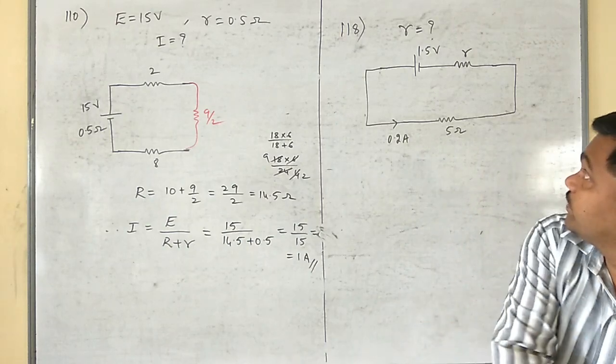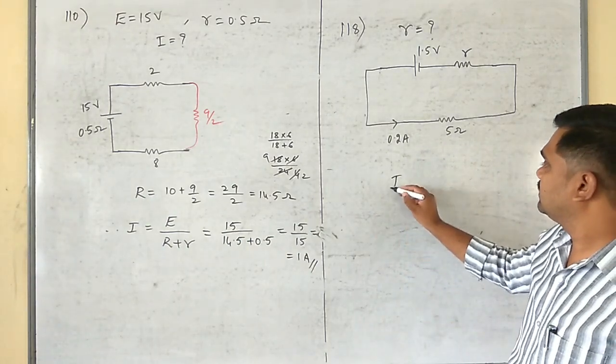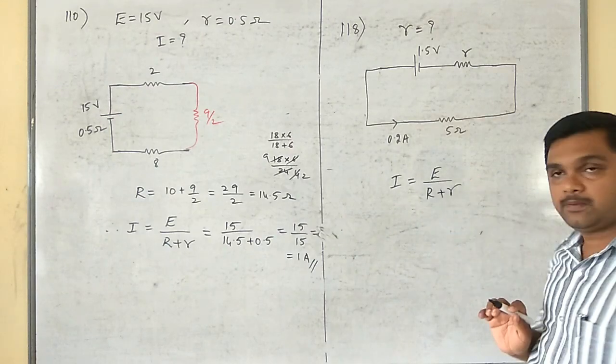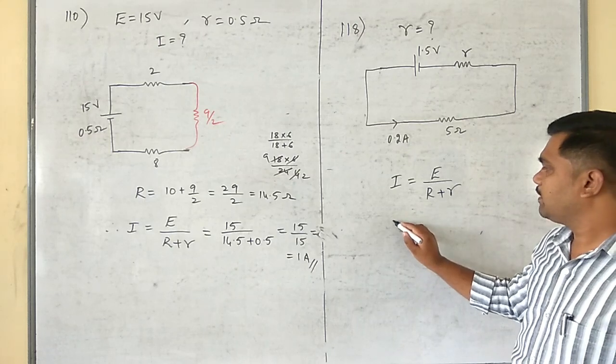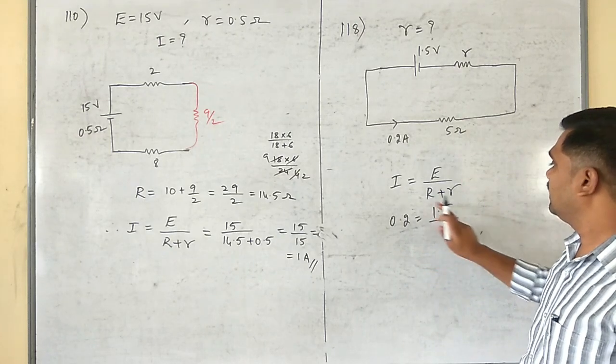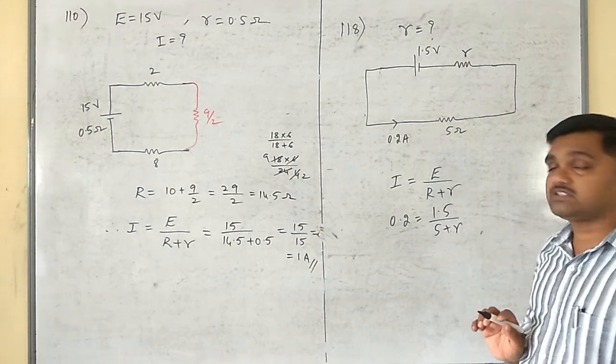We want to find out small r. What is the formula for current? I is equal to E divided by R plus r. I is given as 0.2, E is given as 1.5, and R plus r is 5 plus small r.